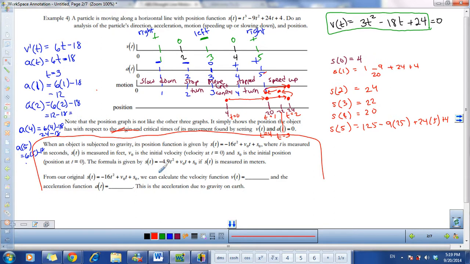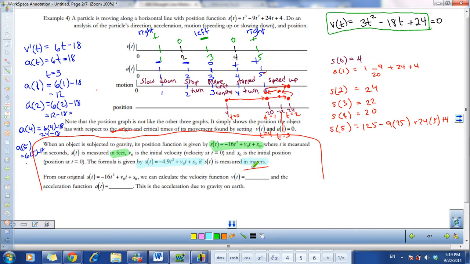The formula is s of t equals negative 4.9t squared plus v sub 0 t plus s sub 0 when it's measured in meters. So I've given this to you guys before. That negative 16t one is when it's measured in feet, and that negative 4.9 is when it's measured in meters.